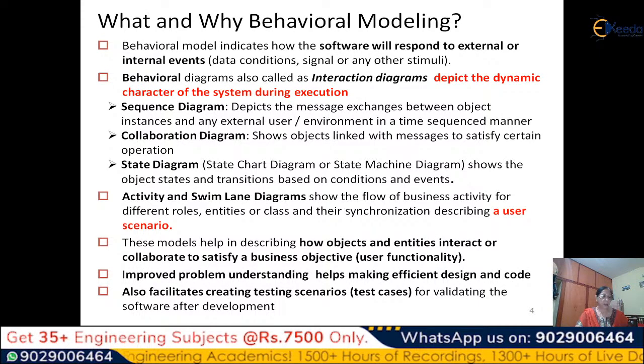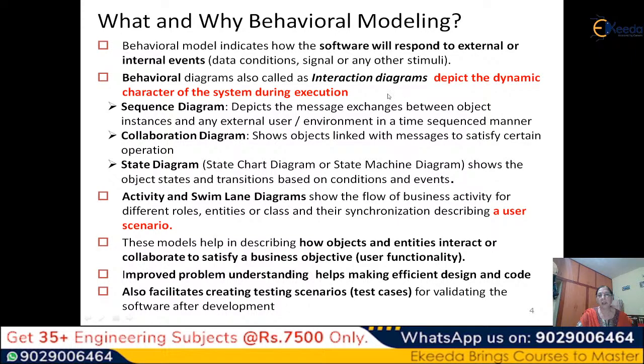And they are also called interaction diagrams. In the UML, they are together known as the interaction diagram, because they display the interaction between the system and the various other external and internal events. And they depict the dynamic character of the system during execution. So when the system executes, what will be the dynamic character?